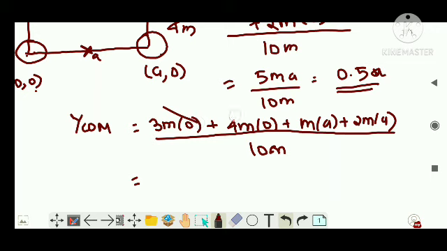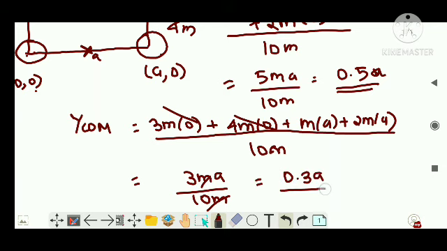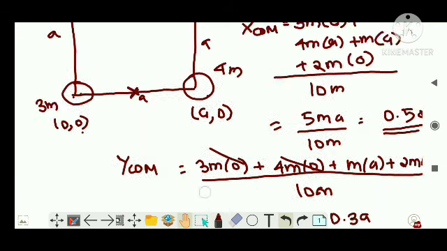So this term goes off, so that is 3ma divided by 10m, so m cancels out, so it is 0.3a, right? That is the coordinate of y cm.